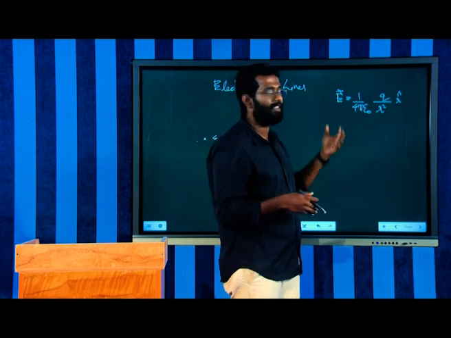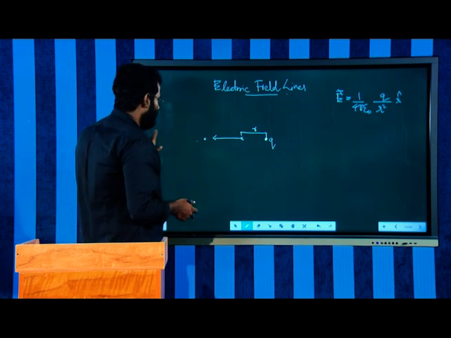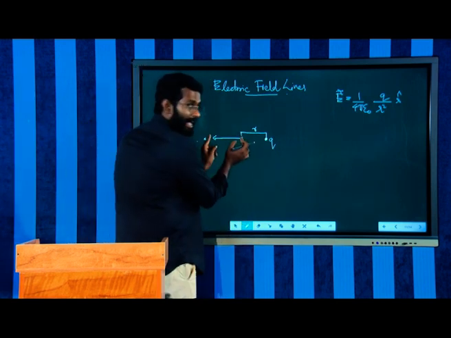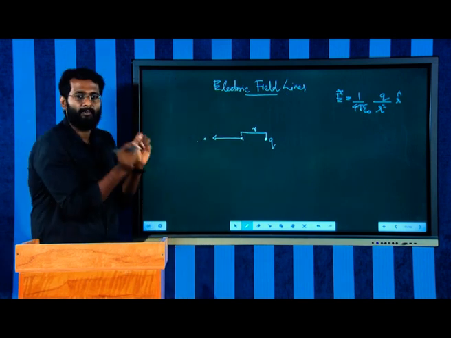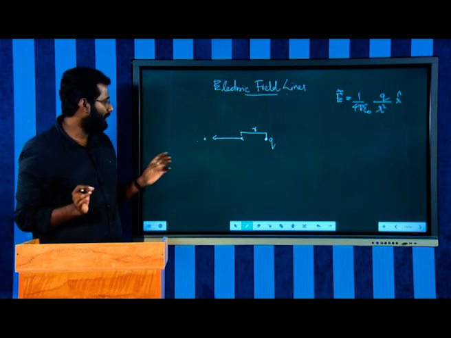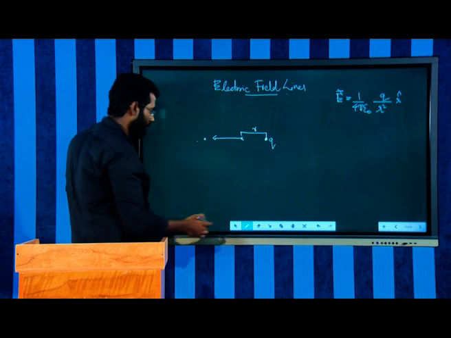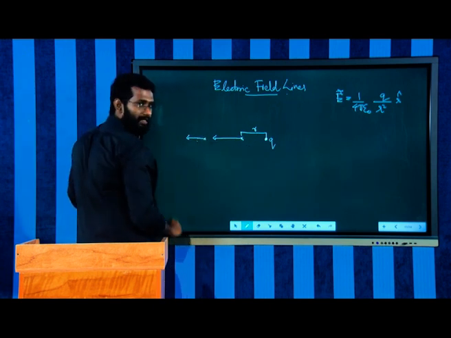The magnitude of the electric field will fall as you move farther and farther. So, if we draw a nearer electric field as this much length, then a farther electric field vector must be a shorter one. Why? The magnitude is decreasing as you move farther from the charge. So, I have to draw something like this, which is much shorter than this.